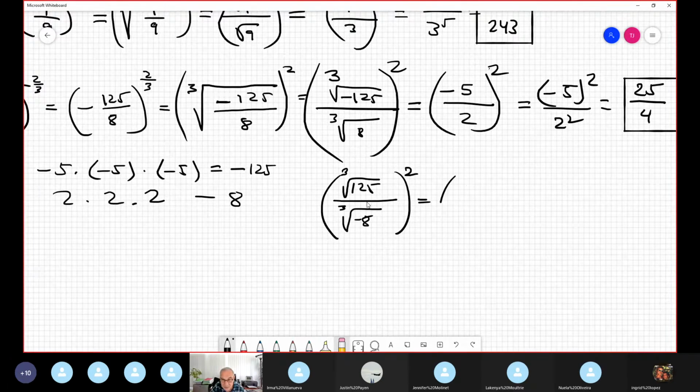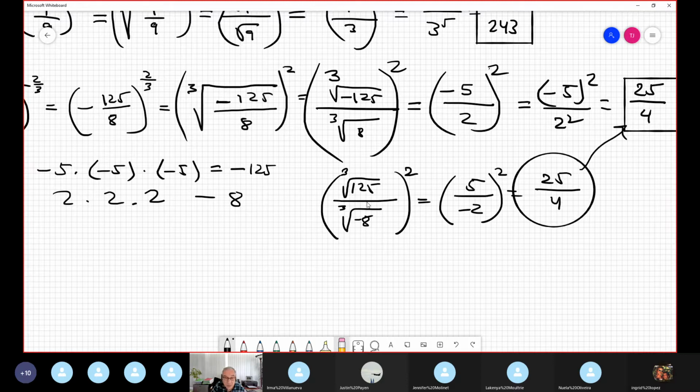Look, this is 5 positive, this is negative 2, this is 25, and negative 2 squared is positive 4, and you get the same answer. So the negative, you suppose it is located in the top, in the bottom, or it doesn't matter. Okay?